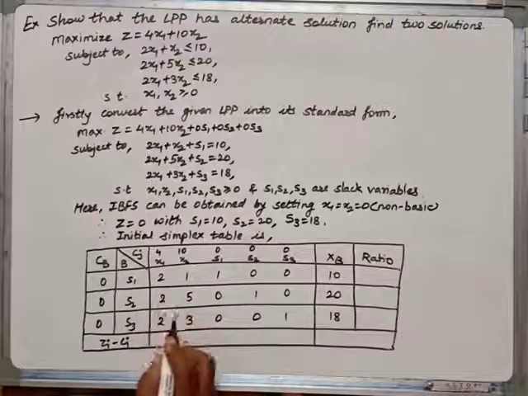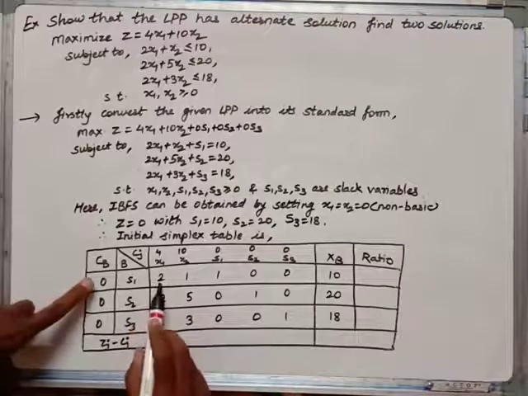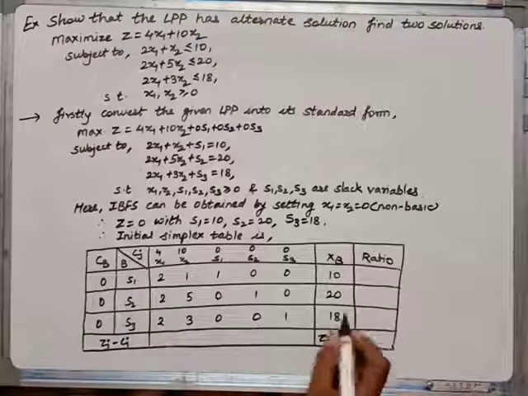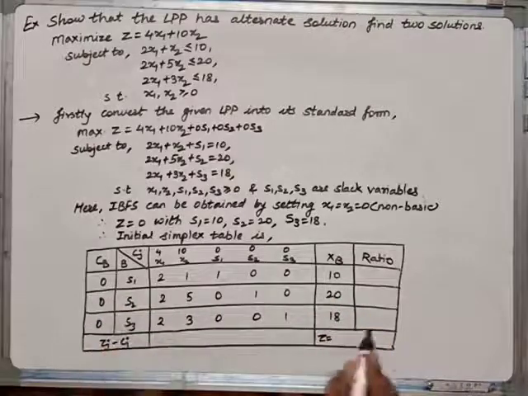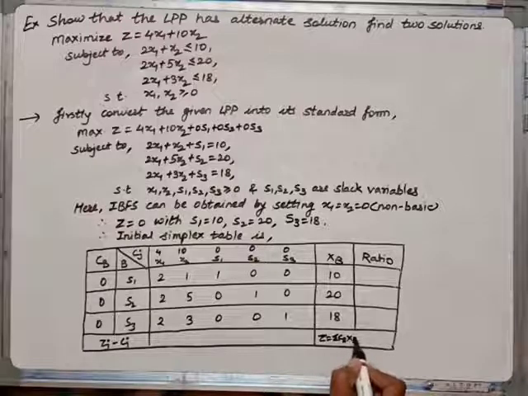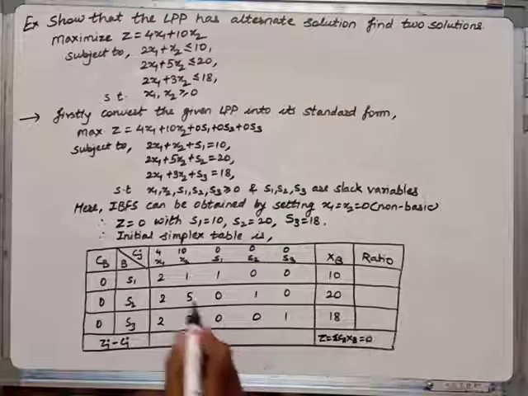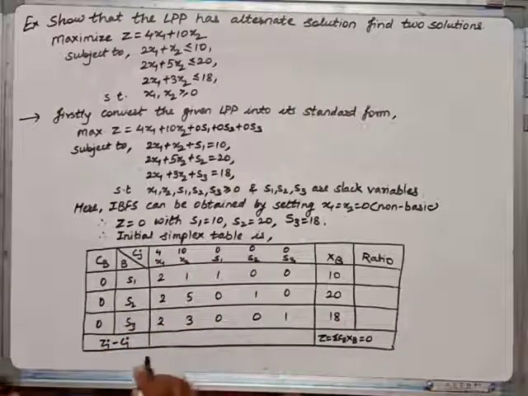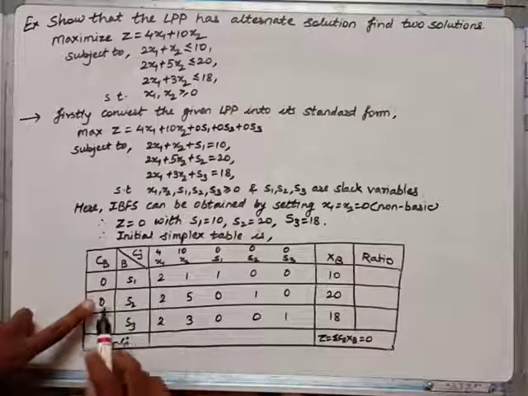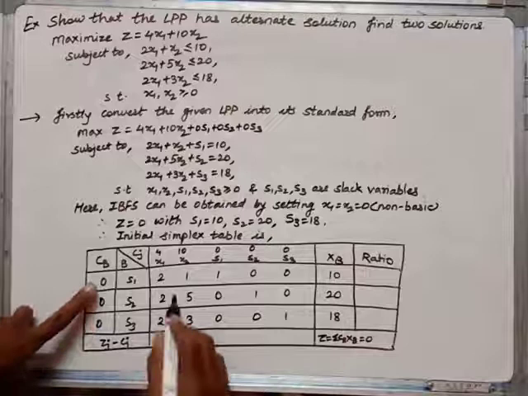Now, look at here, let us determine Zj minus Cj. Here Z is clearly 0. Cb into Xb will be 0 here also, as it is from the initial basic feasible solution. Now look at Zj minus Cj. 2 into 0, 0 plus 2 into 0, 0 plus 2 into 0, 0.